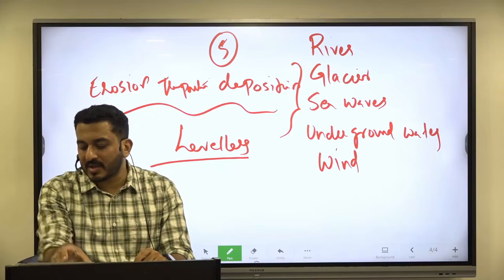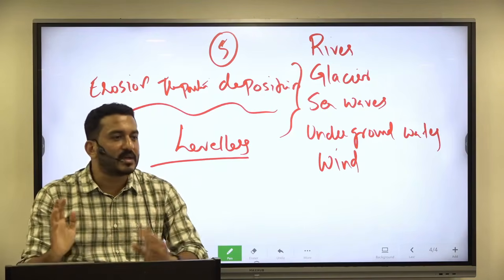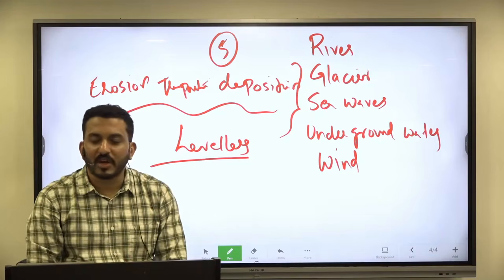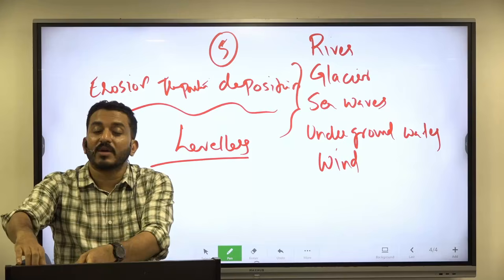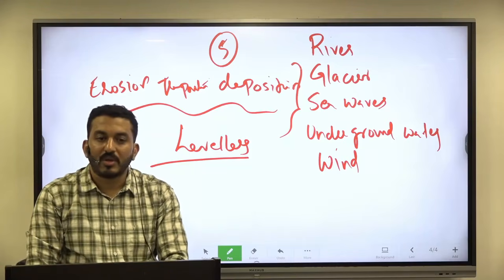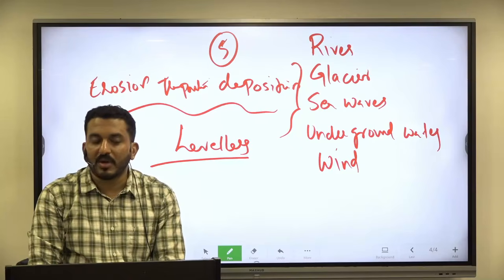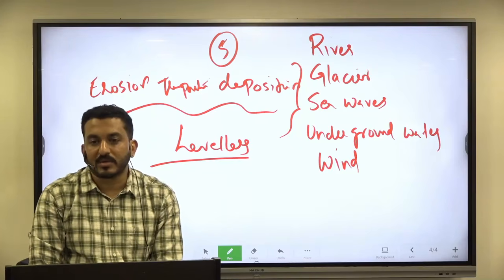They are constantly shaping the landscape. It is not a one-time event, it is an ongoing process. That is how different landscapes are formed and evolving on the Earth's surface.